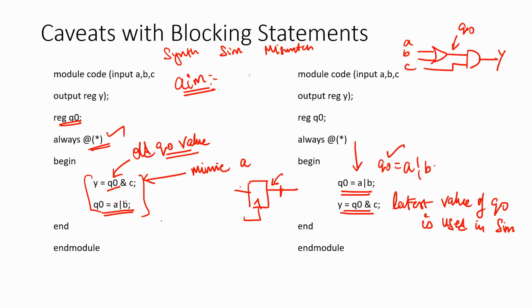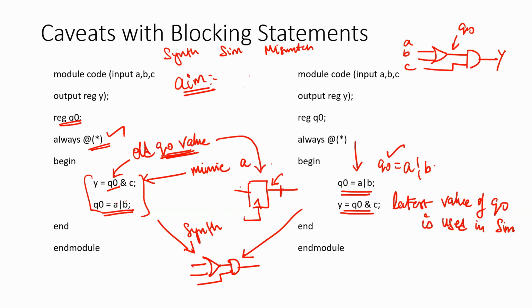Whereas when I synthesize both the codes, this code or this code, both will yield me the same circuit. This will be the circuit I will be seeing when I synthesize. So this will also lead to synthesis simulation mismatch, because here I will look at the old value of Q naught, which is giving me an impression as if there is a flop in the circuit, which is delaying the value by one stage, one cycle or something.